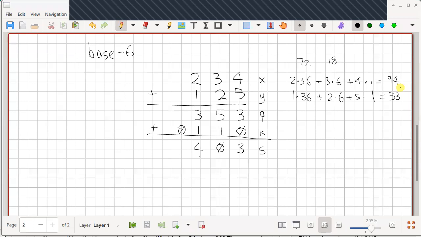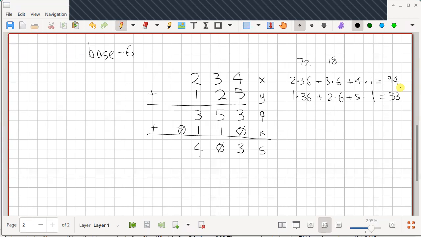So in the base 6 number, that particular digit will be representing the quantity of 6 to the power of 2, which in base 10 is 36. Is that okay? Sort of? Okay.